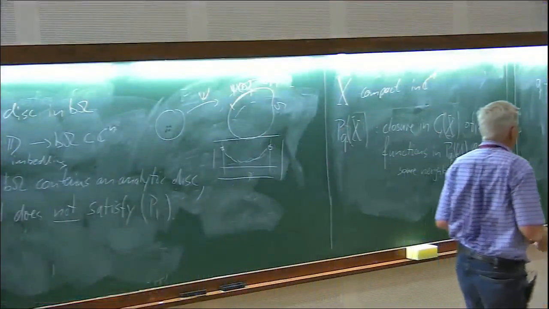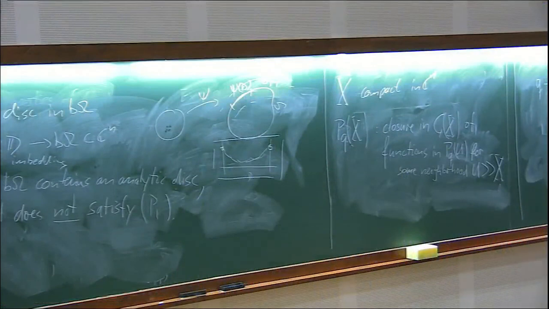What we're going to be interested in is the set of those points where the only Jensen measure is the point mass at the point. This is going to be capital J_q(X).